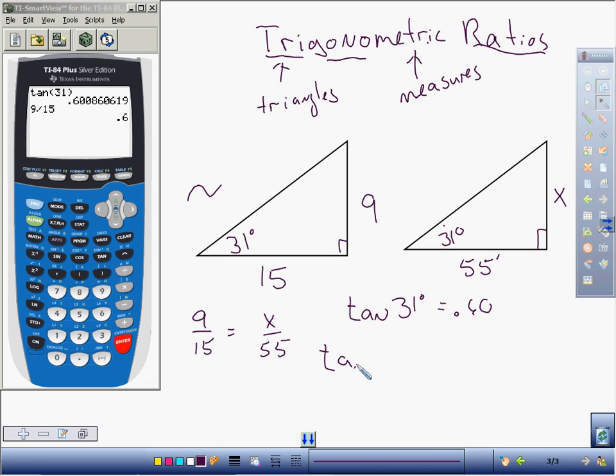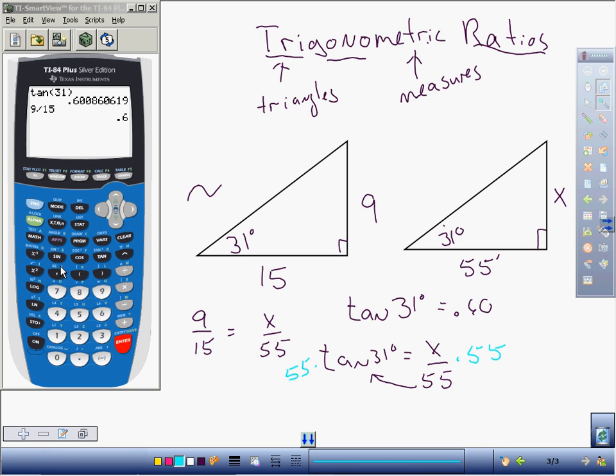The tangent of 31 degrees is equal to x over 55. And the way you solve that is you cross multiply, you multiply both sides by 55. See that? Yes? And you multiply this by 55, right? So if I were doing this particular problem, I would take the tangent of 31.